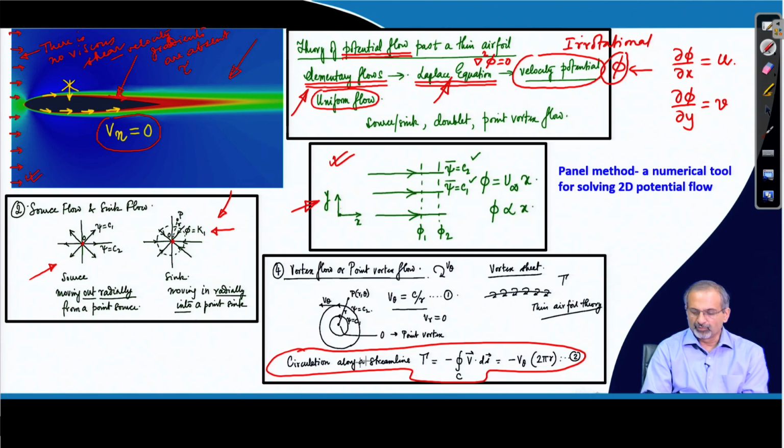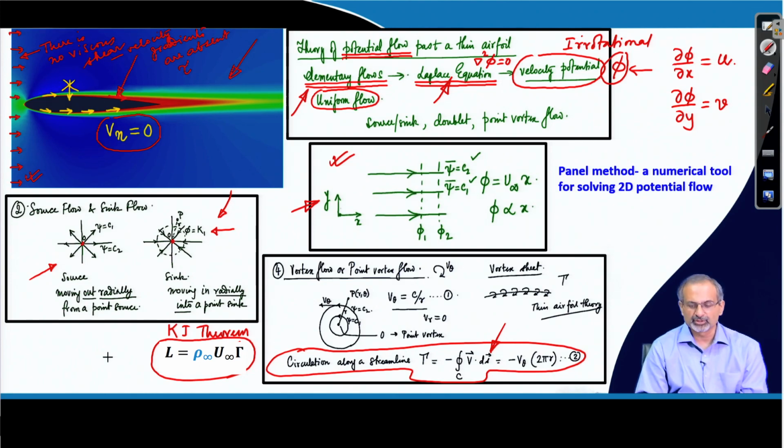If we moved around a streamline around the point vortex, we found that there is a net non-zero circulation which is being produced by that point vortex. Again, we recall from the Kutta-Joukowski theorem that the lift per unit span is given by the Kutta-Joukowski theorem, and it depends on the circulation around the concerned body.